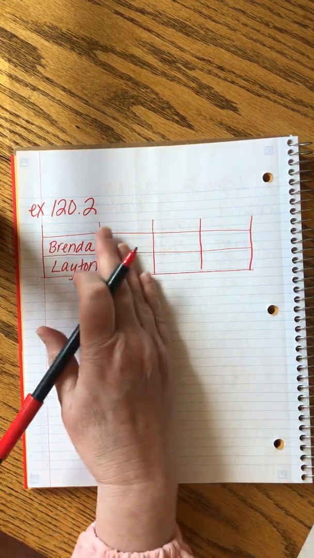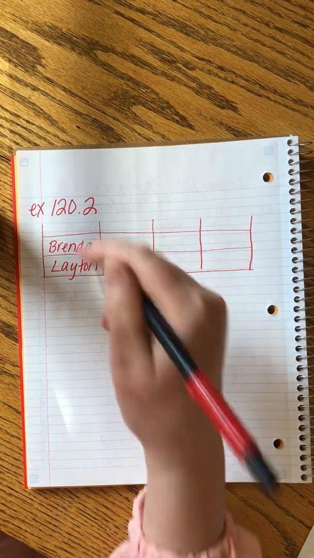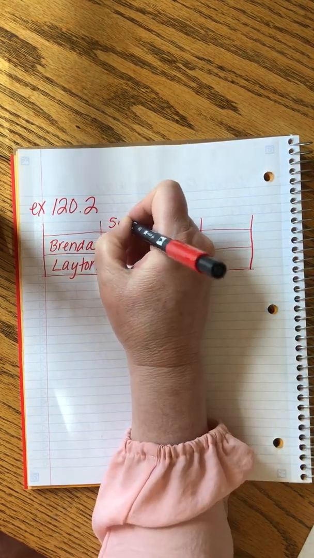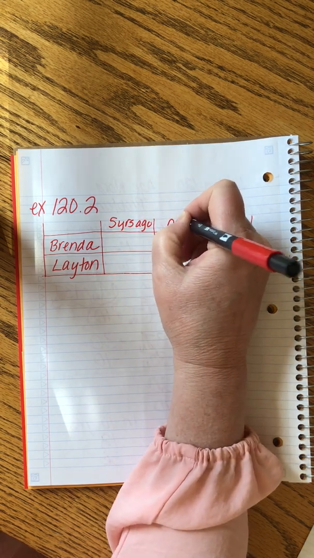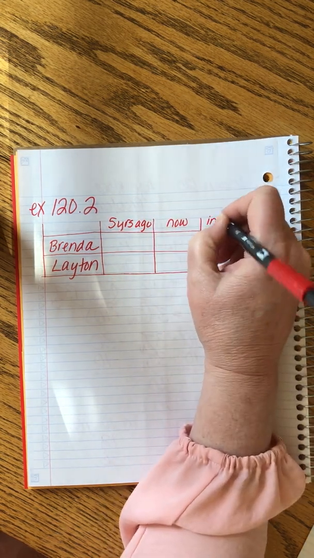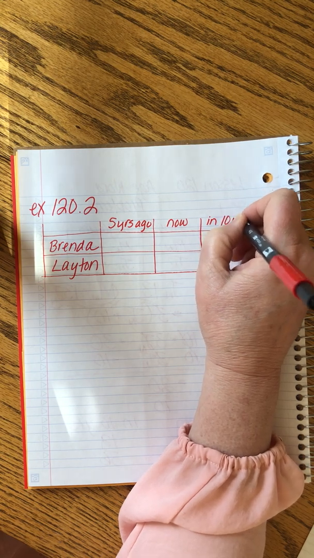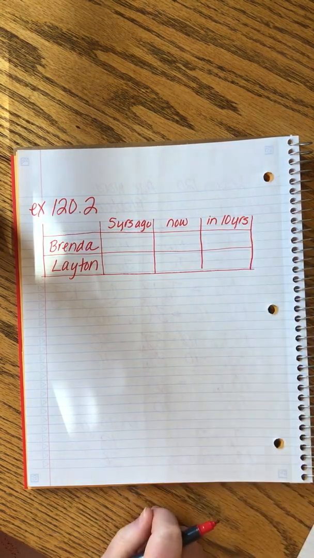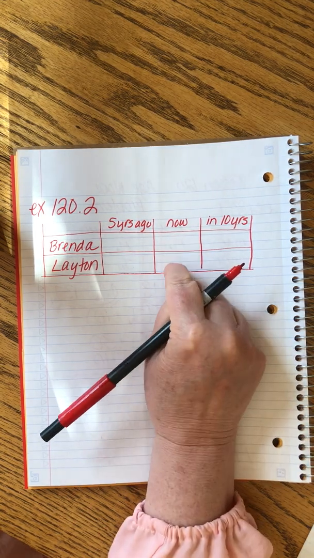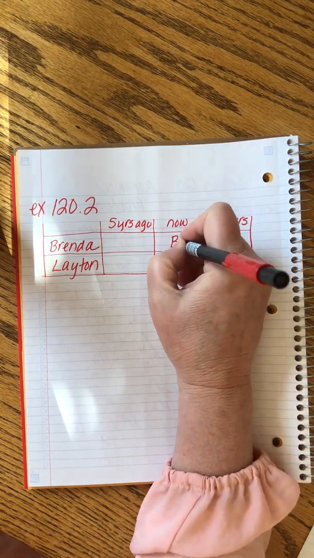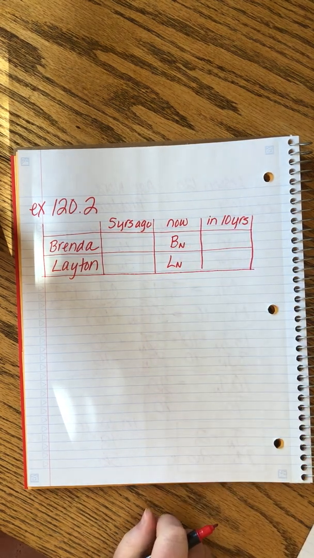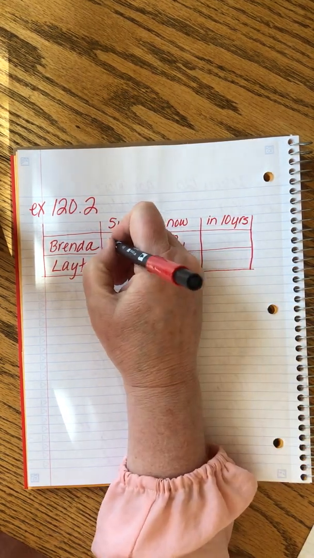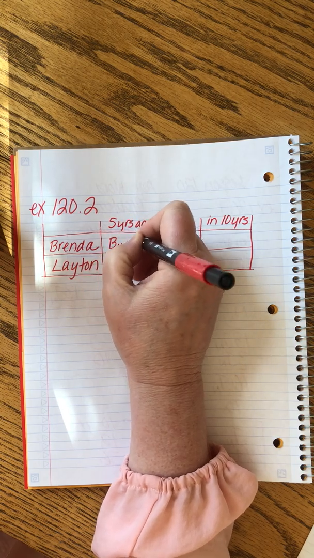Okay, now I like to keep these in chronological order. So this is 5 years ago. This is now, and this is in 10 years. There are 3 time frames, not just 2 like last time. Now always gets the basic variables. 5 years ago, okay, it's pretty easy to see that's going to be -5, right?